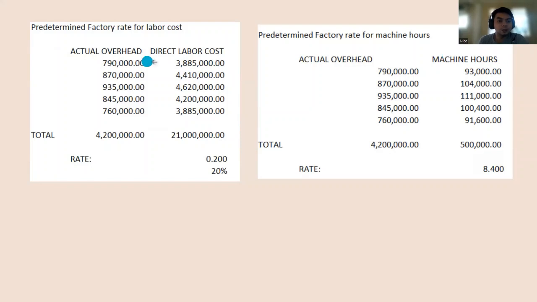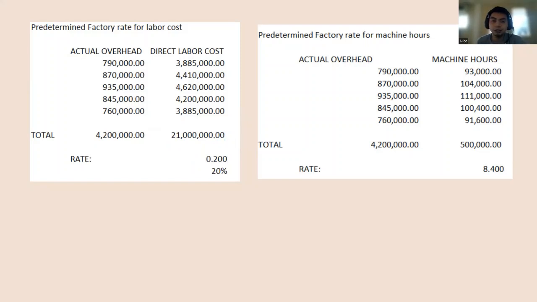We'll total the actual overhead for the last 5 years, which is 4,200,000, and divide it by the total direct labor cost for the past 5 years, which is 21 million. Then we have the rate of 0.2.